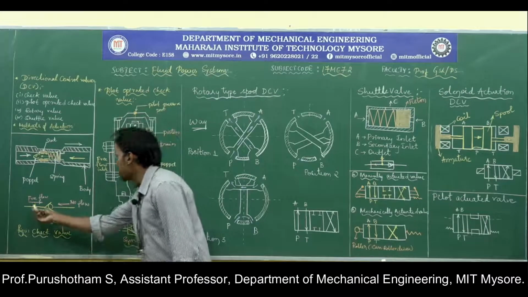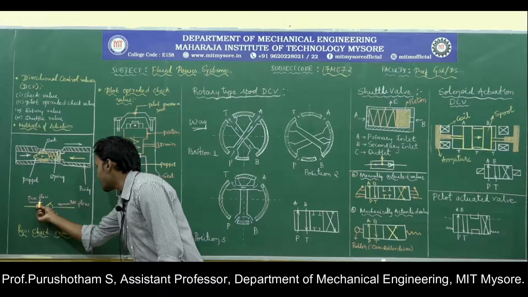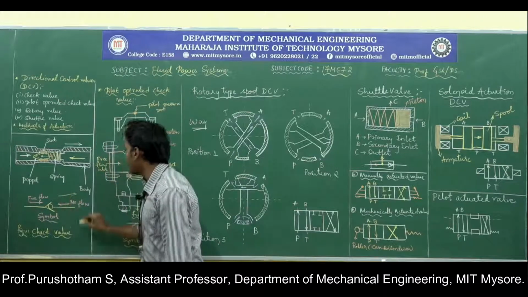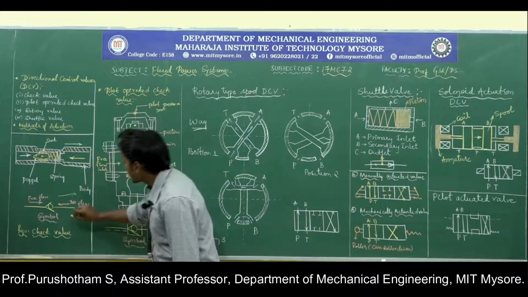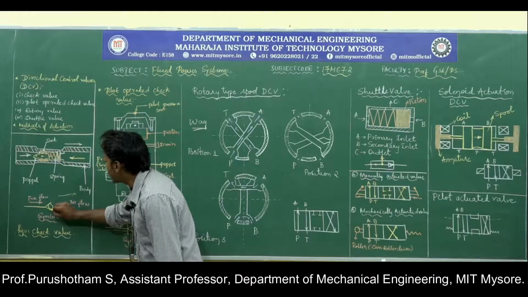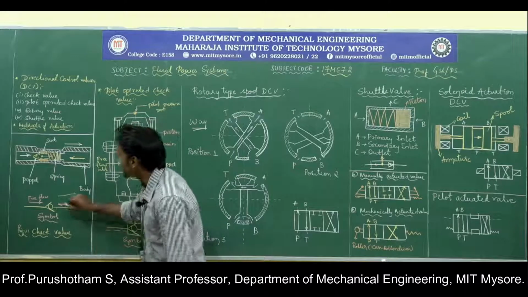Here is the symbolic representation of the check valve. When the fluid enters from this end, this is the free flow, so the fluid flows like this. When the fluid enters from the opposite end, the spring force presses the poppet against the seat, which closes the position, hence there is no flow from this end.